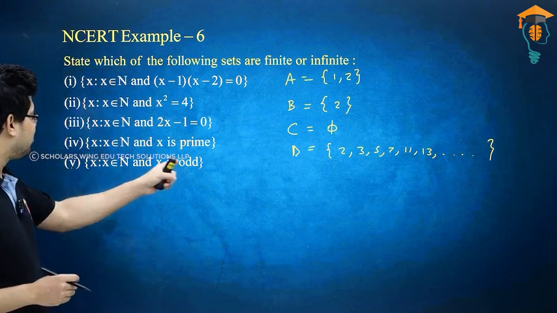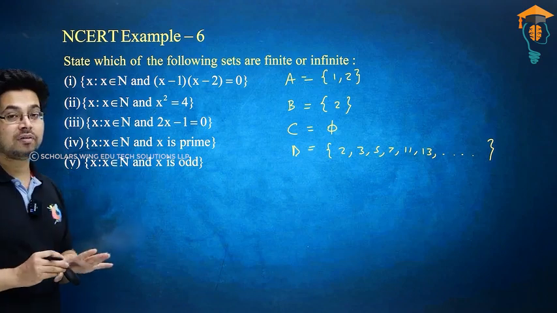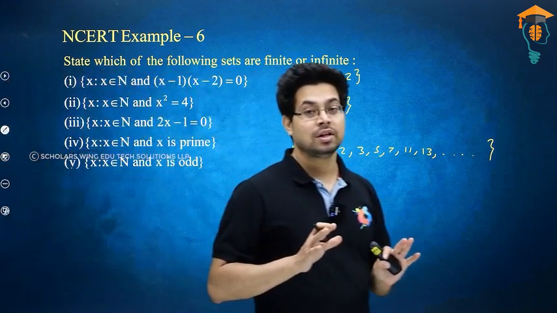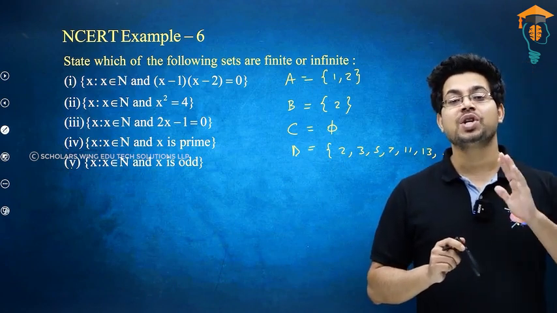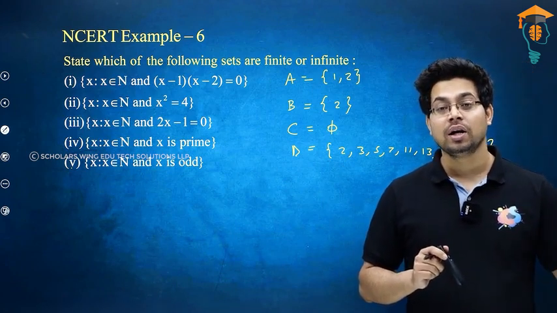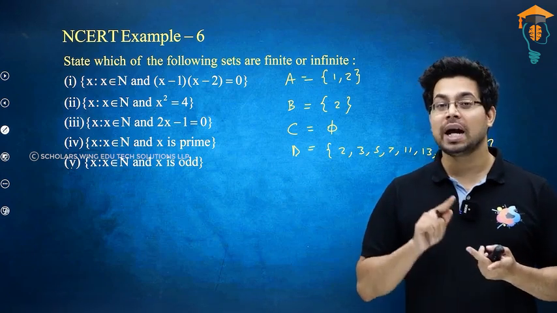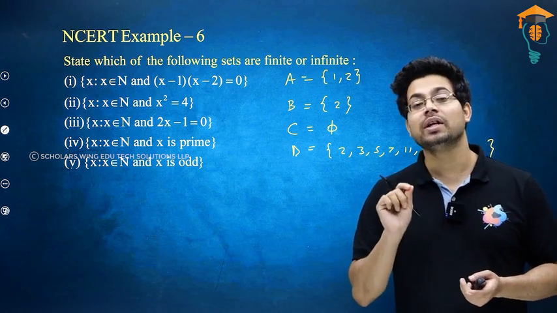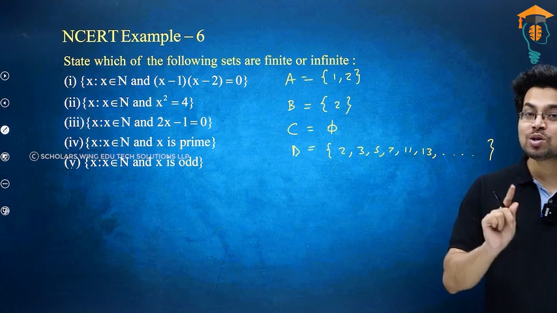Always remember, when we talk about odd numbers, 1 is odd, 3 is odd, 1, 3, 5, and so on, which are not divisible by 2, they are odd. And the negatives are also odd. Minus 1 is also odd, minus 3, minus 5. So don't think that negative numbers are not odd numbers. Negative numbers are also odd numbers.